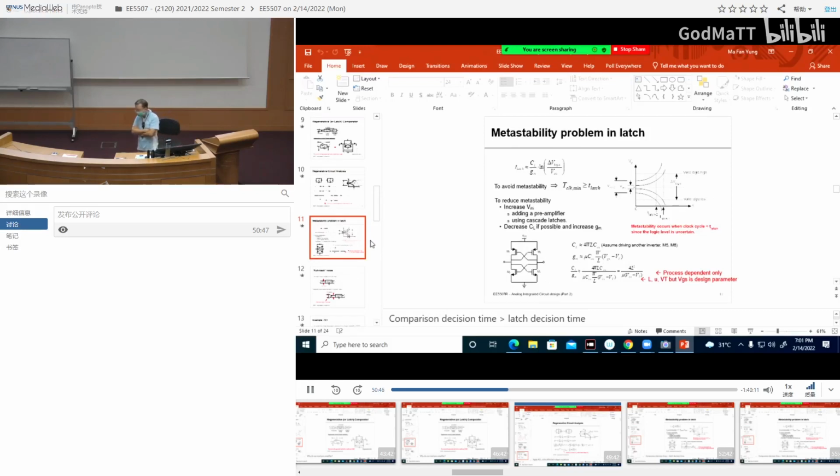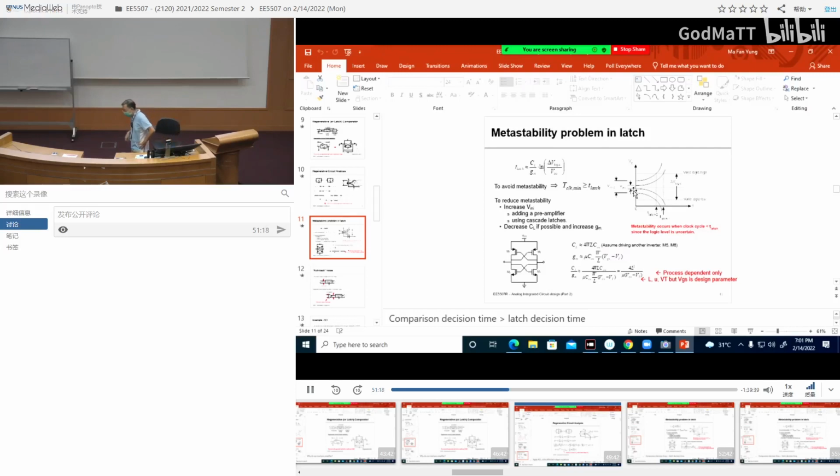Now, what are some limitations of this kind of positive feedback circuit? We know that the positive feedback regenerative latch circuit has an exponential response to the plus and minus, and this will depend on the initial difference.